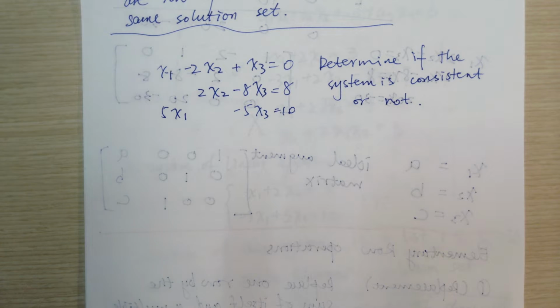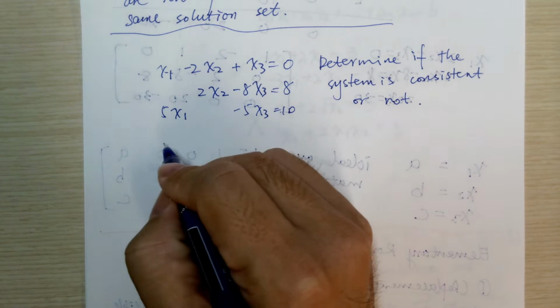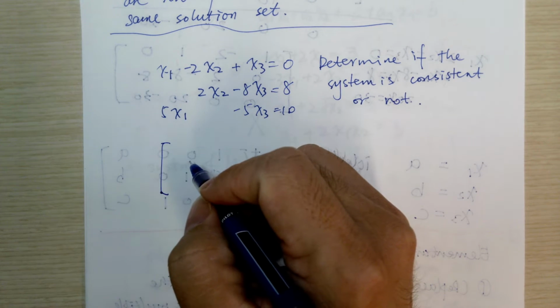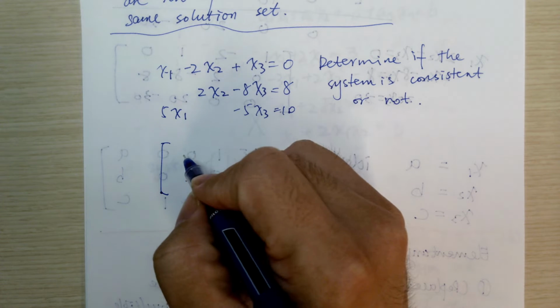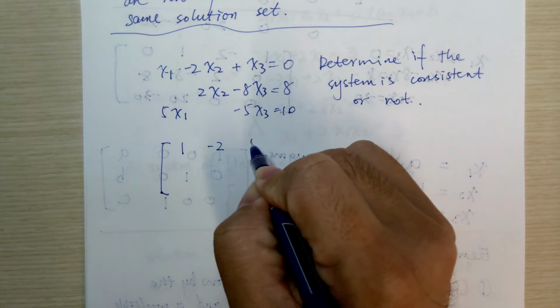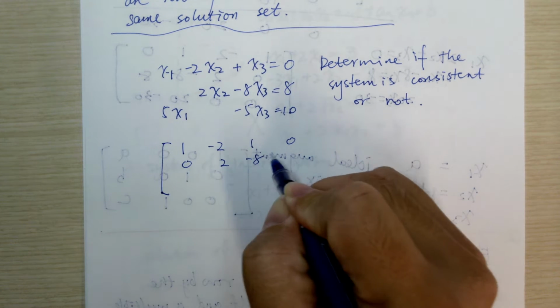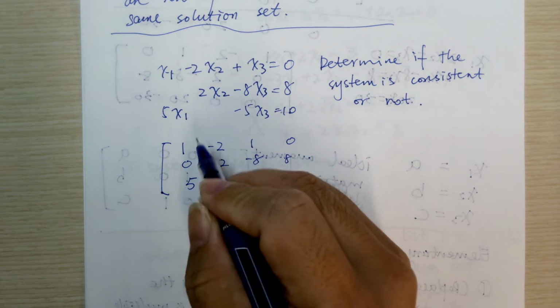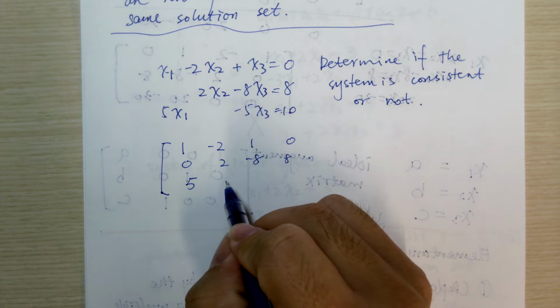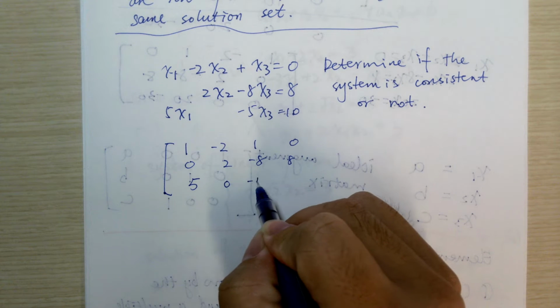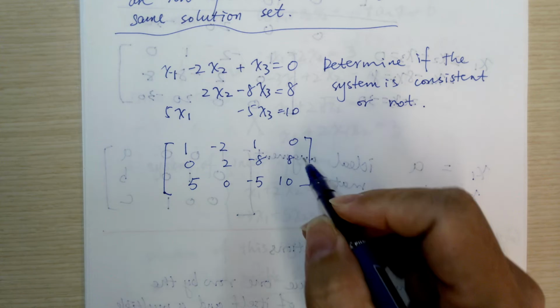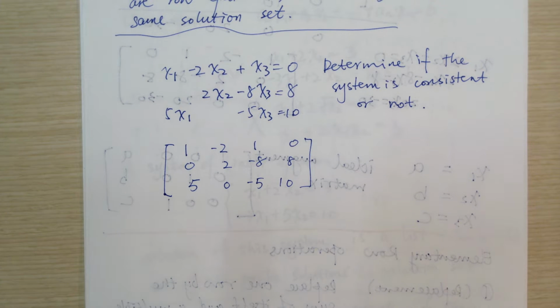Alright, so what we can do is write down the augmented matrix, which is 1, negative 2, 1, 0; 0, 2, negative 8, 8; 5, 0, negative 5, and 10. From the first video, we talked about elementary row operations.